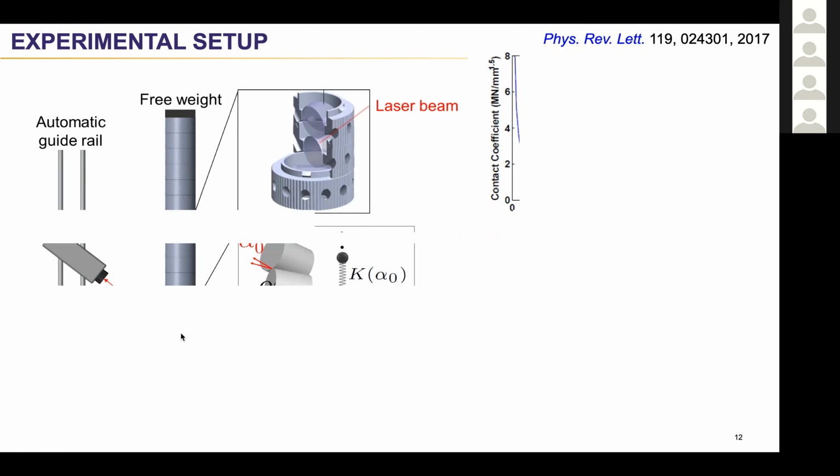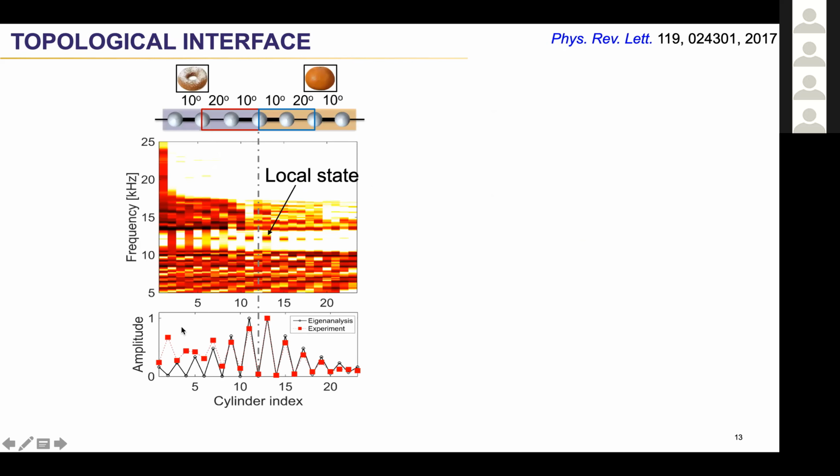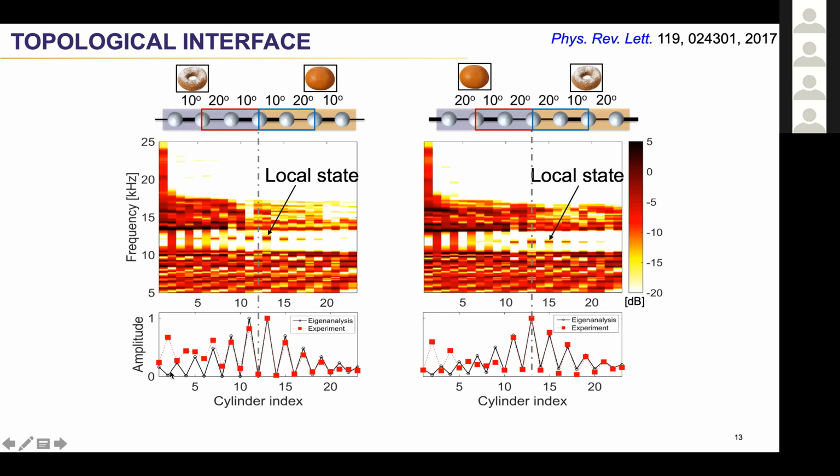And first of all, let me comment on the discrepancy between these, because experimentally we have an evanescent wave, which is decaying, which we are not capturing using the eigenanalysis, because that's giving us just the real solutions in the system. So that doesn't capture the evanescent wave. That's why there's a difference between eigenanalysis and experiments, at least in the initial region.